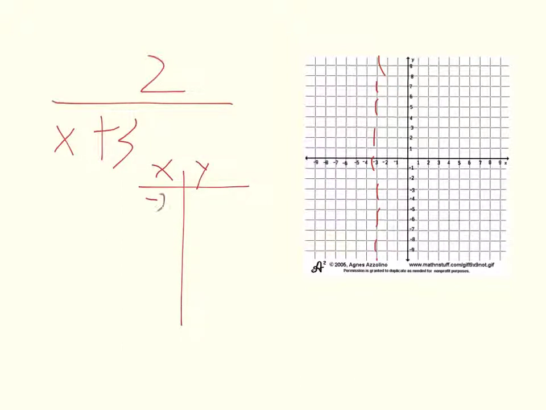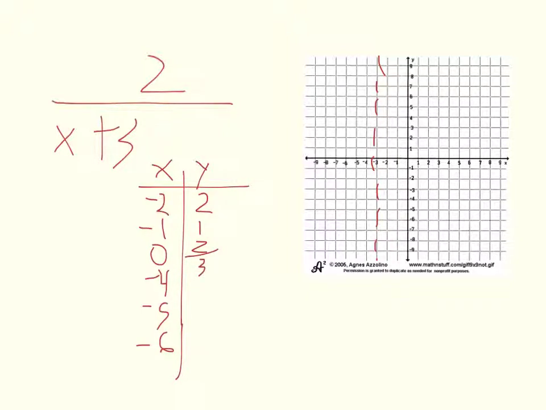So we can do -2, -1, and 0, -4, -5, -6. So -2 plus 3 is 1, 4 over 1 is 4... so that would equal 2. -1 plus 3 is 2, 2 over 2 is 1, and then 0, 3, so that would be 2/3.